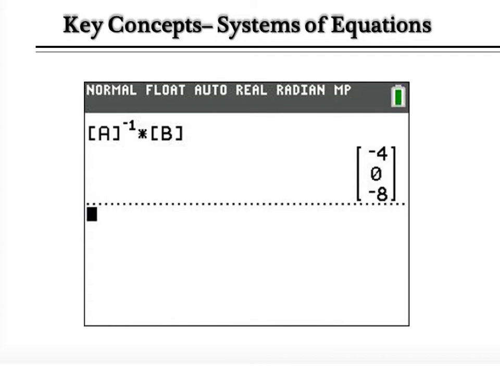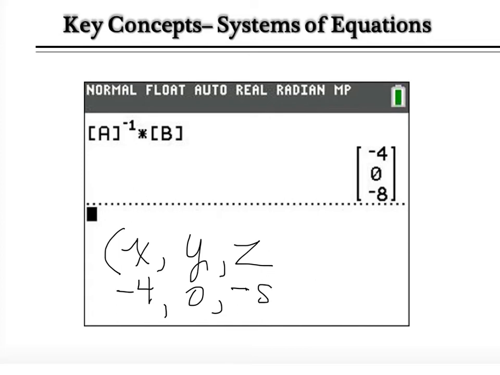Again, they are in X, Y, Z order. So my point of intersection is X is -4, Y is 0, and Z is -8. So on a 3D graph, the point of intersection of those 3 planes would be -4, 0, -8.